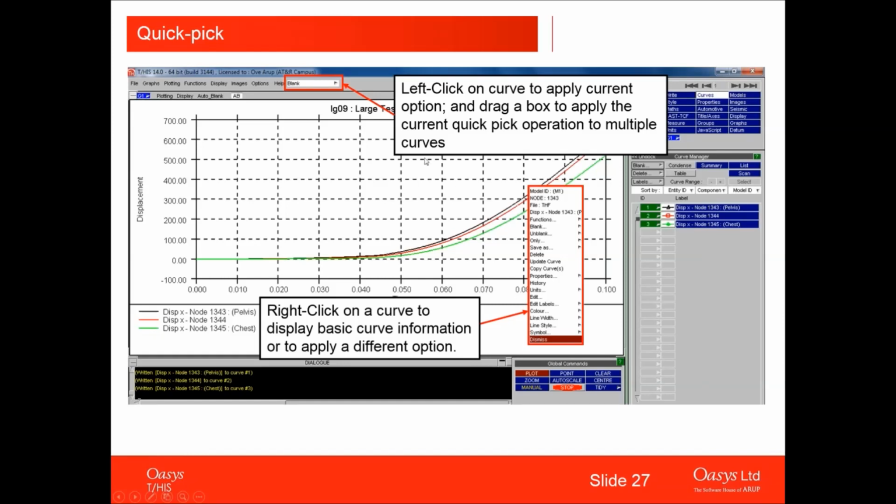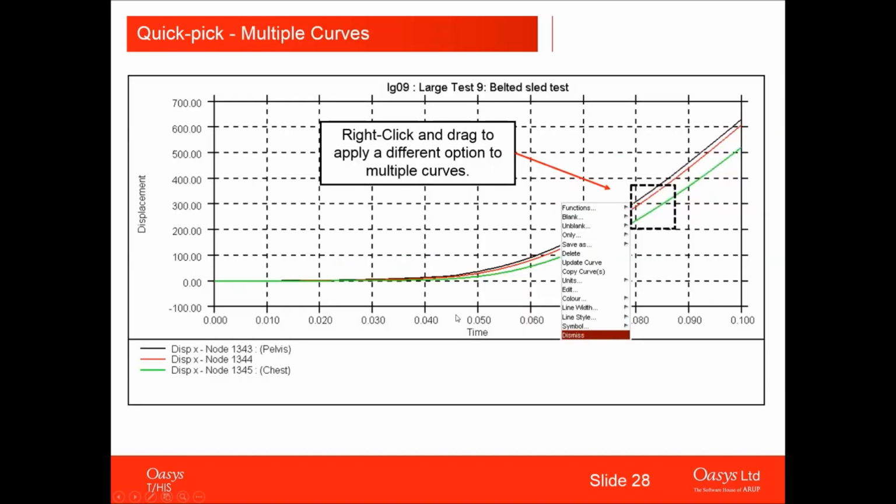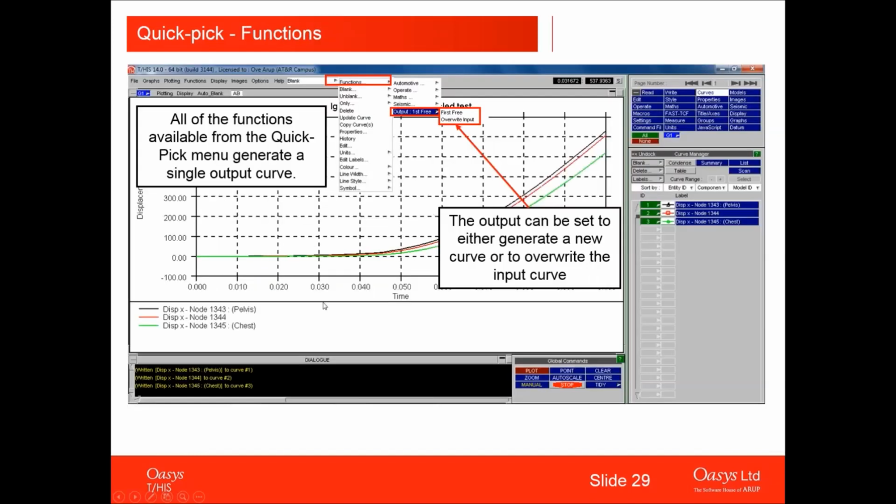So if we left click on something, it will perform that function. If we right click, it will give you this information box and ask you what you want to do in the quick pick manner. And if we right click and drag, we can do that to multiple different curves.